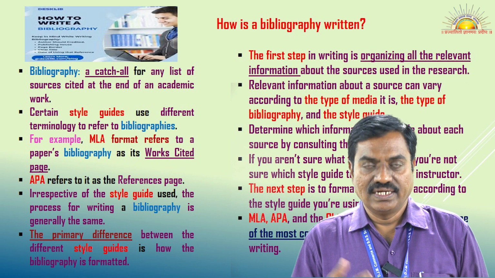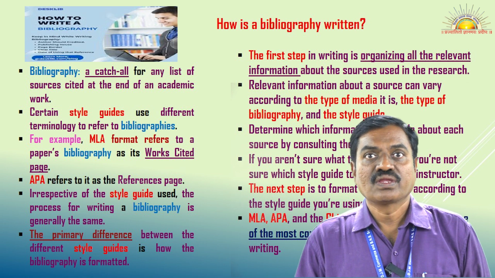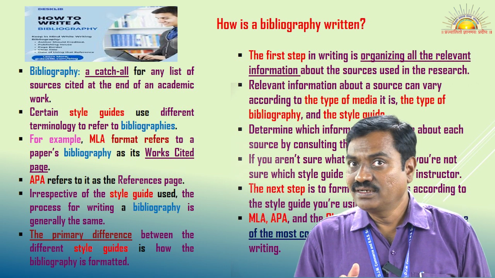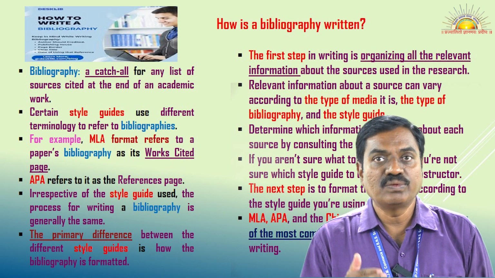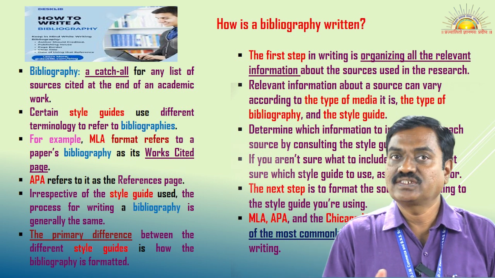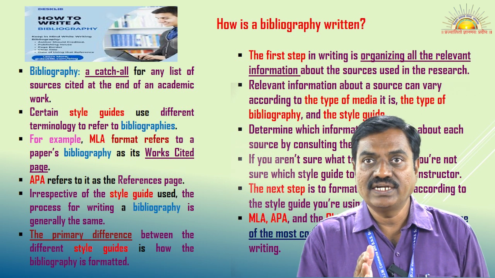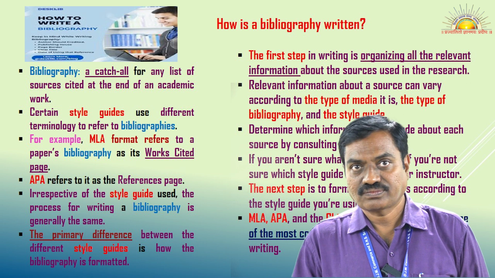APA, that is American Psychological Association, refers to it as the references page. No matter which style guide you are using, the process for writing a bibliography is generally the same. The primary difference between the style guides is how the bibliography is formatted.